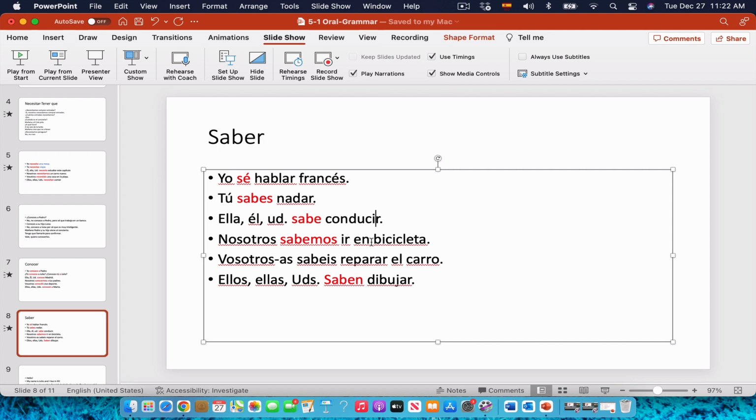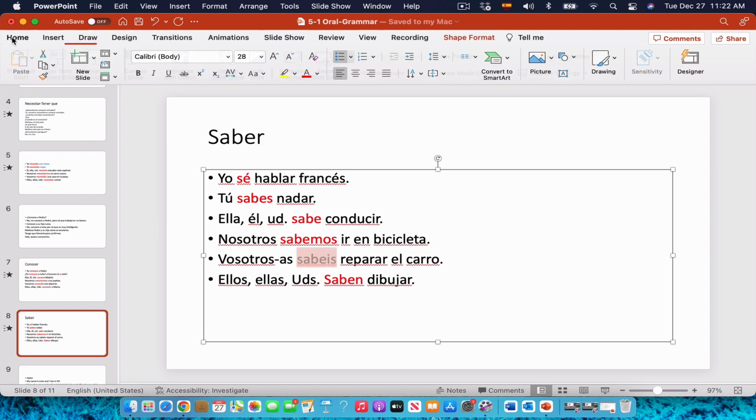Nosotros sabemos ir en bicicleta, vosotros, vosotras sabéis reparar el carro, ellos, ellas, ustedes saben. Okay. Reparar el carro.